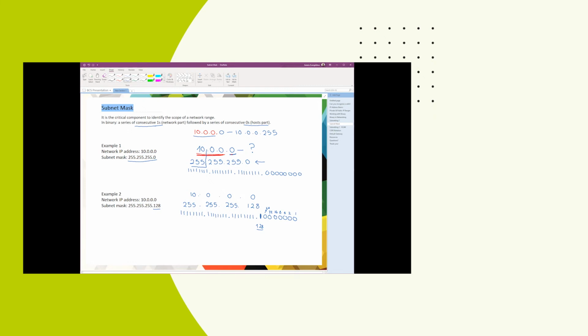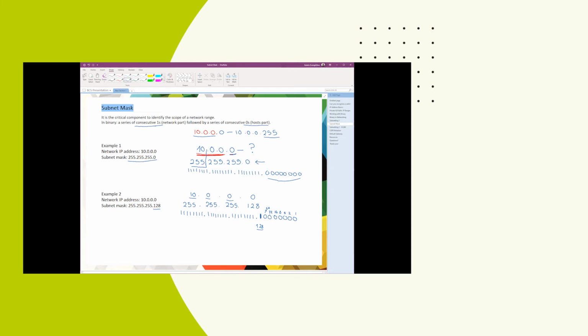So I'm going to keep 10, 0, 0, but here my range is not going up to 255 as previously, because previously I had all zeros here, and now I have 128.